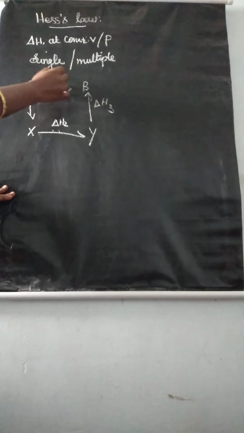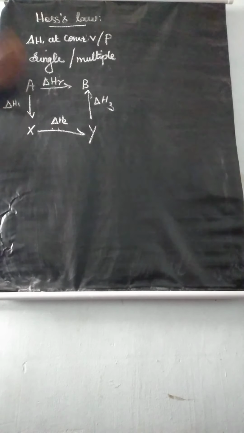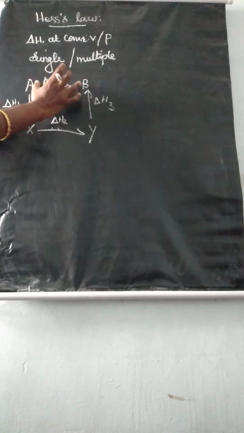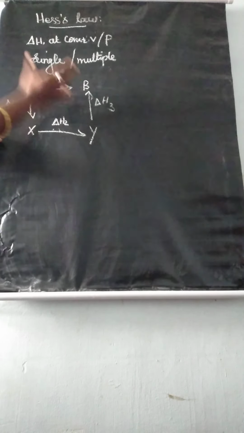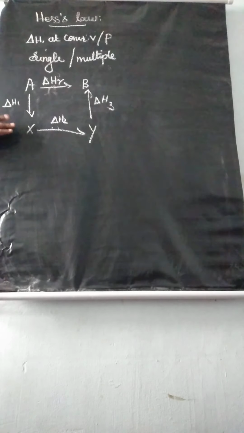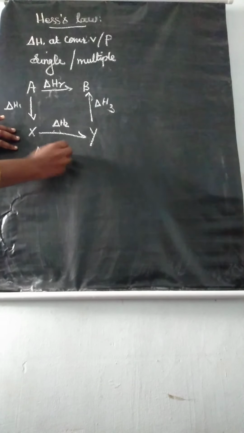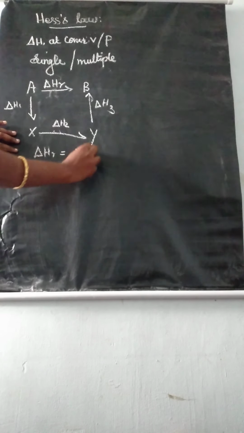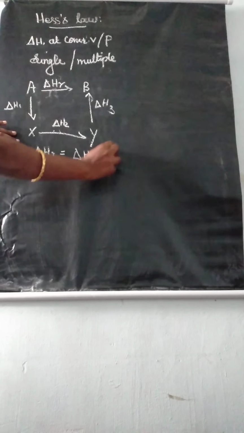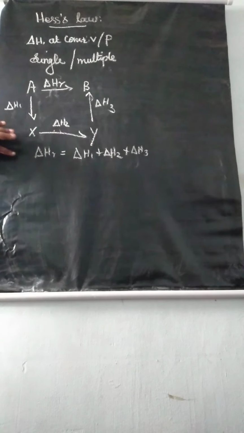The enthalpy of a reaction is the same whether it takes place in a single step or multiple steps. For example, the delta H value is equal to the sum of delta H1 plus delta H2 plus delta H3.